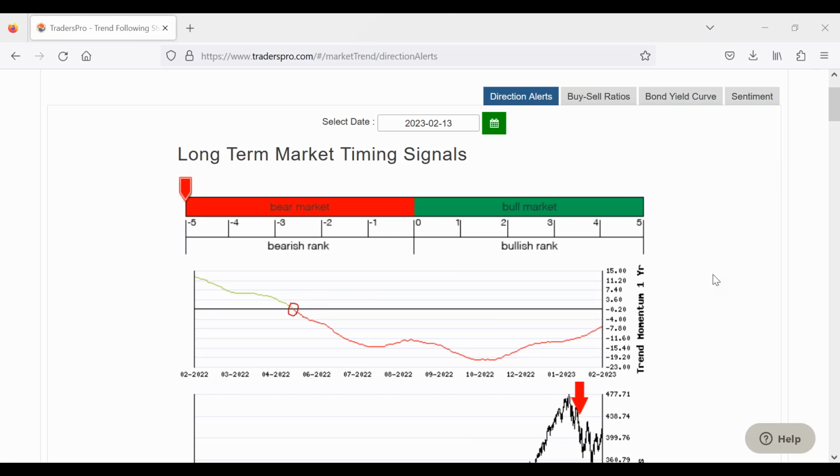Now, there's a lot of different definitions of bull market and bear market out there, okay? And to be honest with you, it really doesn't matter what the definition is, as long as you're consistent in using it. Whatever you want to use to define a bull market or a bear market, just be consistent with it, because otherwise you can adjust it to tell you whatever you want.